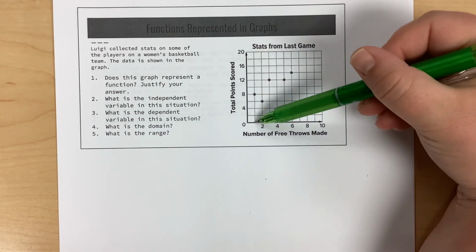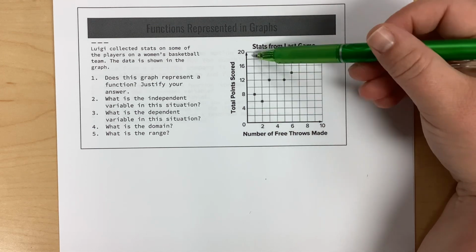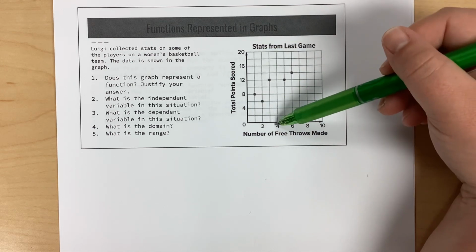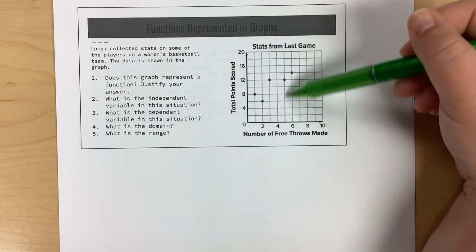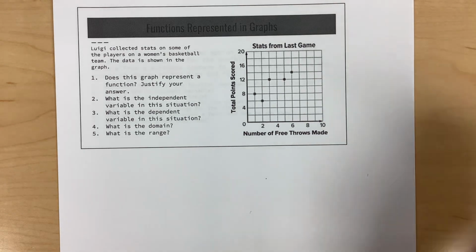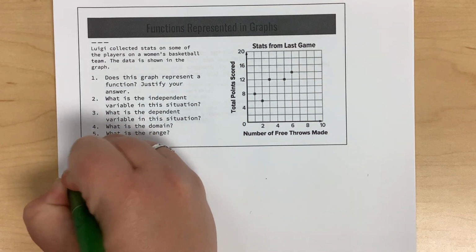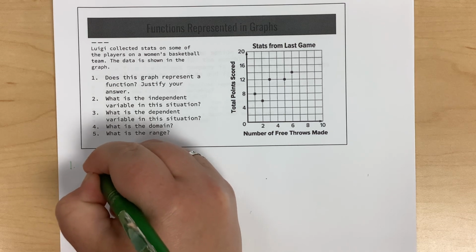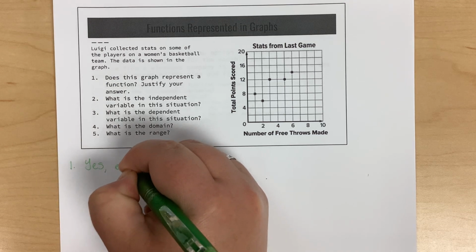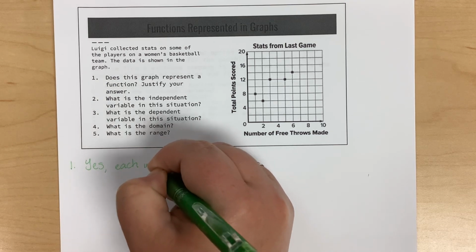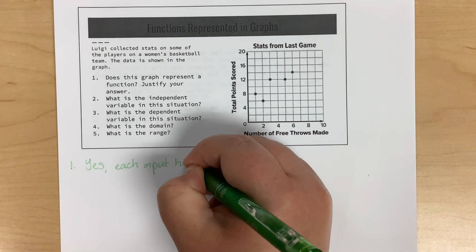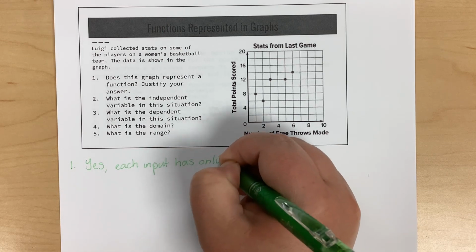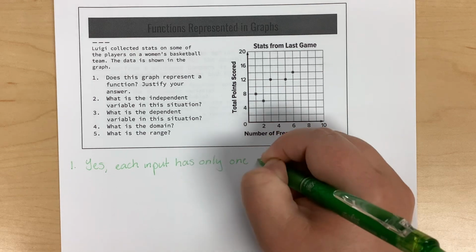So if I look here, 1 has only one output, 2 has only one output, 3, 5, 6. Each has only one output, so that means this is a function. Yes, each input has only one output.